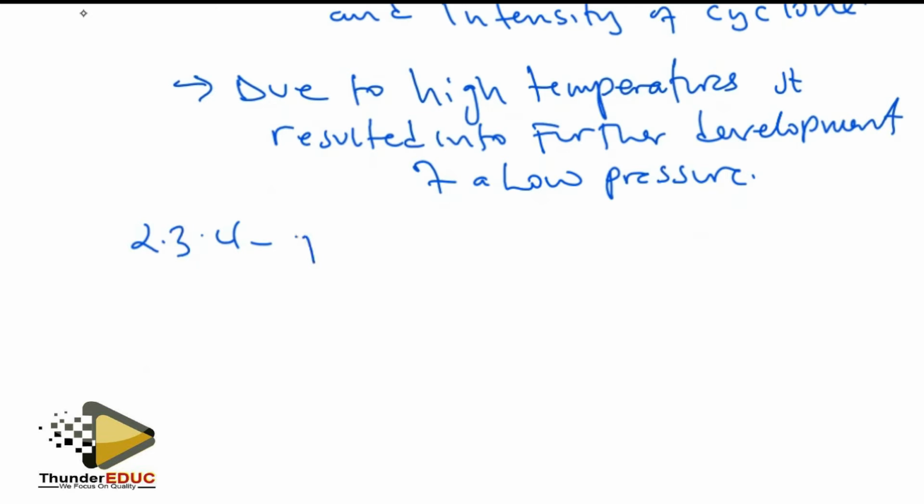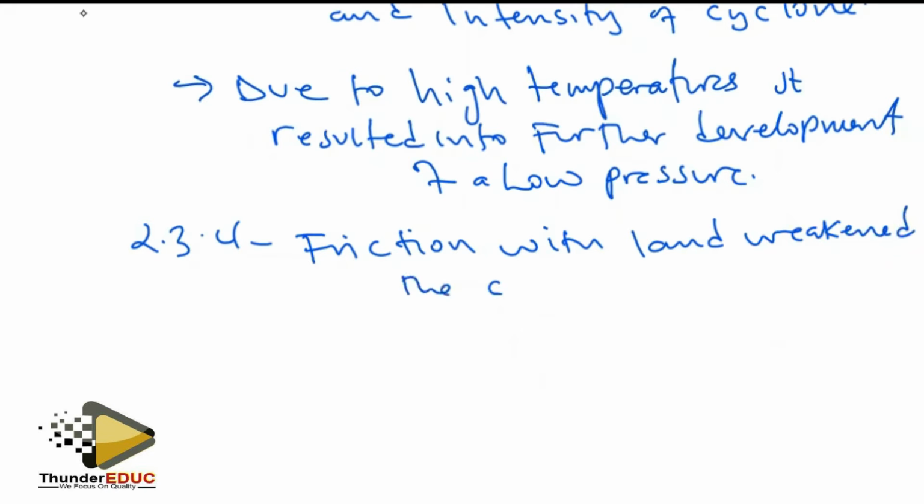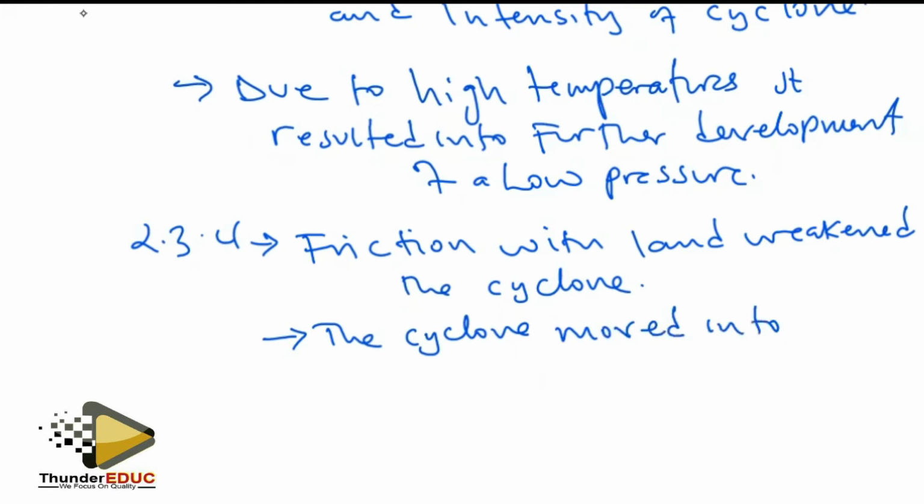So I could say friction with the land weakened the cyclone, as well as the cyclone moving into cooler areas, because we know that cyclones love warm conditions.